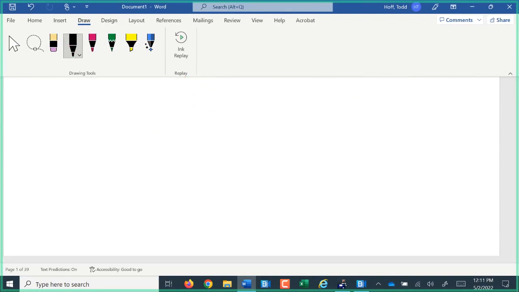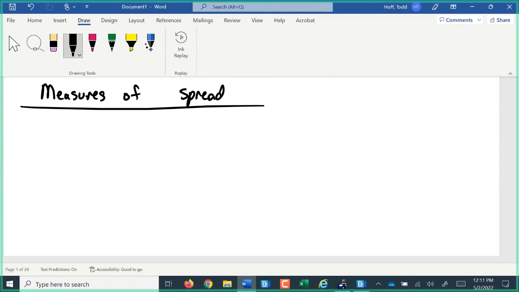So the second aspect of our data was the spread. Measures of spread, or sometimes called dispersion, are going to tell us how spread out the data is.